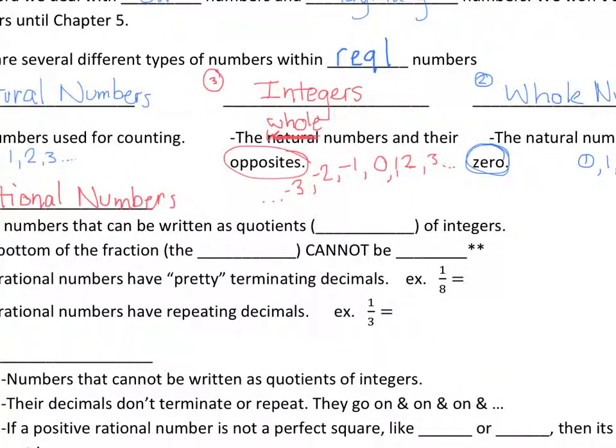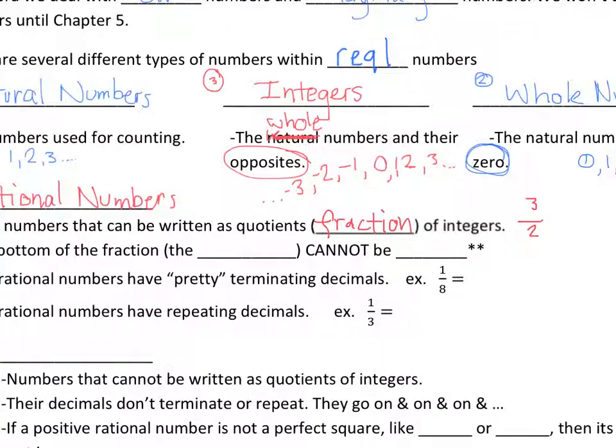Quotients is talking about division problems, alright? So like 3 divided by 2. Well, what is that? That's a fraction. Okay, so basically, any fractions that are made up of integers, not decimals, are rational numbers.